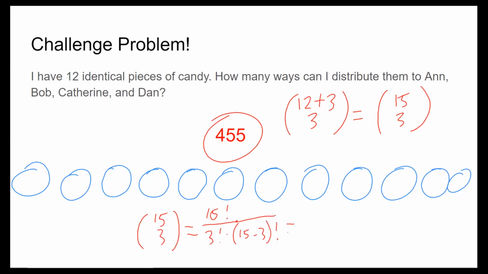And then if you simplify this, it becomes 15 times 14 times 13 divided by 3 times 2 times 1. So if you calculate this, this will give you 455.